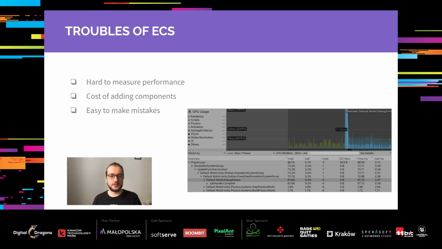But it turned out that the system didn't do anything. It just finished all the jobs that were scheduled previously by other systems. It has this job handle complete method, and this method took the blame for the performance of the other systems.